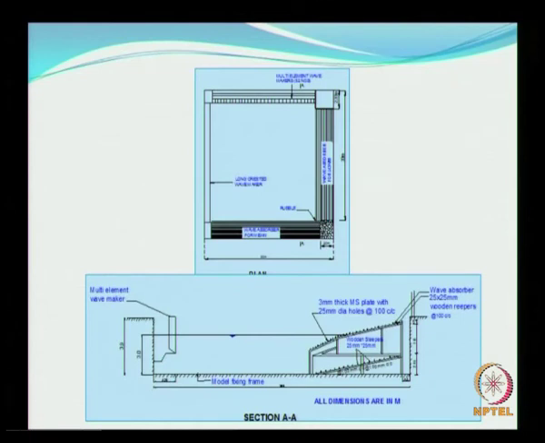On the other sides, when you want to operate, these will form the wave absorbers, because you need to generate only progressive waves as mentioned earlier. Or, when you want to generate random waves, the oblique waves or three-dimensional waves, you need the wave maker on this side as well as this side.